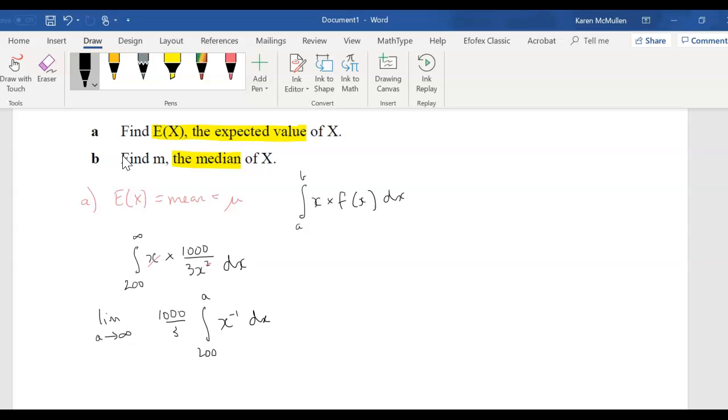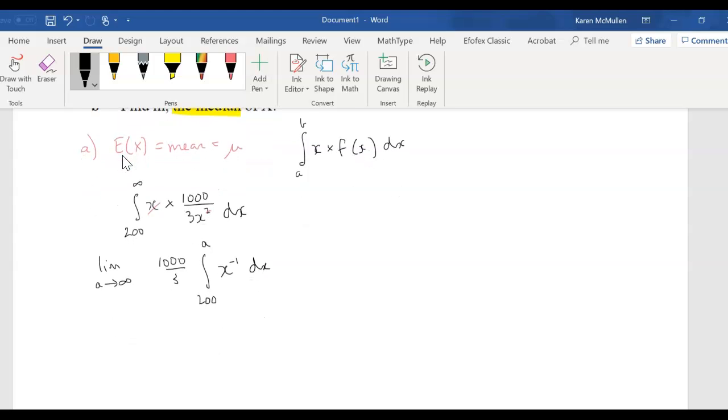A few things I did there all in one step. If you need to do multiple steps, you should end up here. Each line we're going to rewrite the limit. 1000 on 3, and then we can write the antiderivative. The antiderivative of x to the -1 is natural log of x.